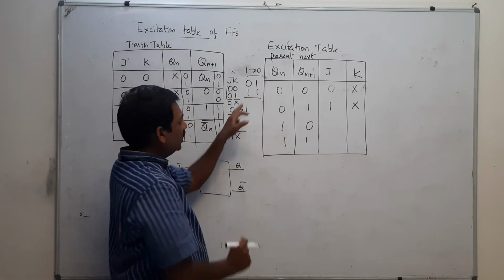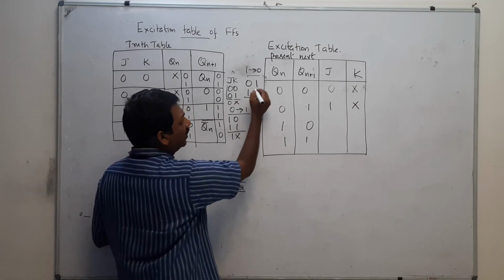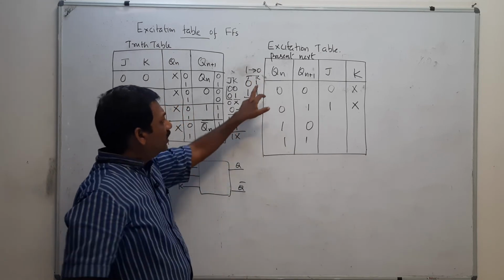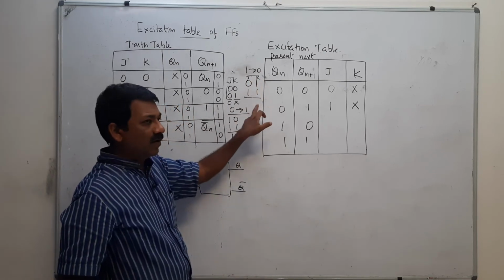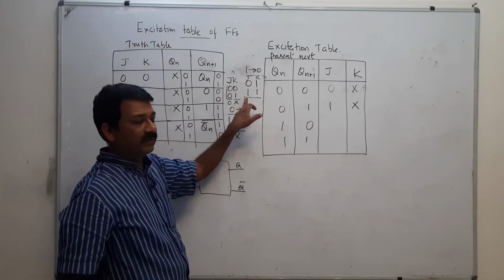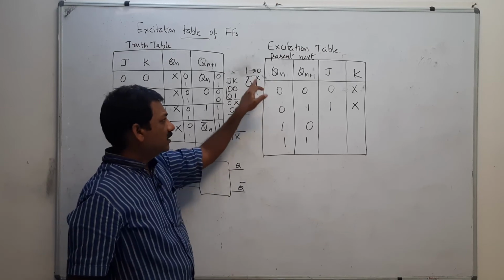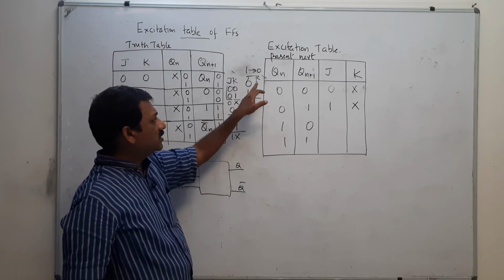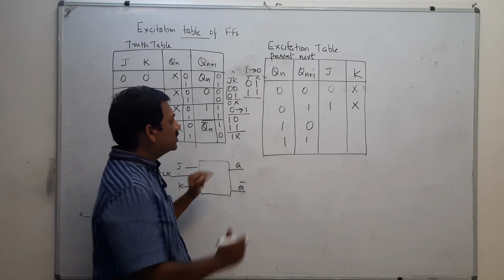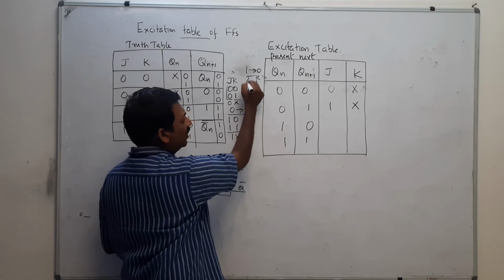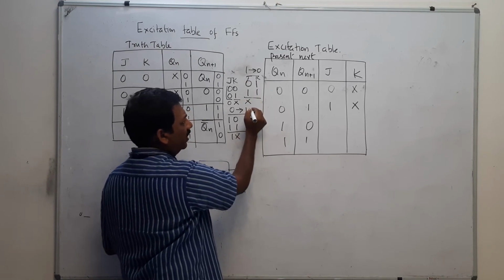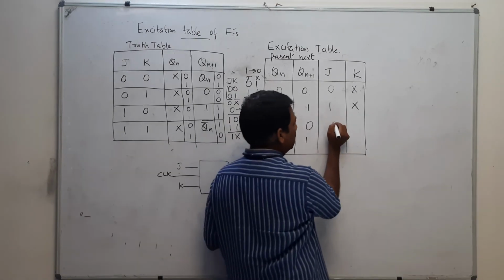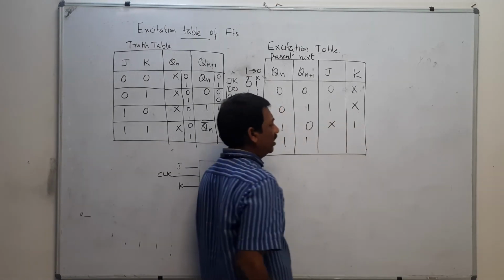See these two j and k values. Here this is j and this is k. Now the k value remains 1 and this j value is varying. So in that case, this is x. That means we are not interested in the value j, but k should be 1. That means this is x1.